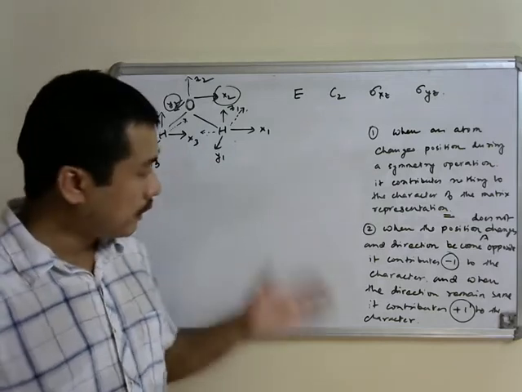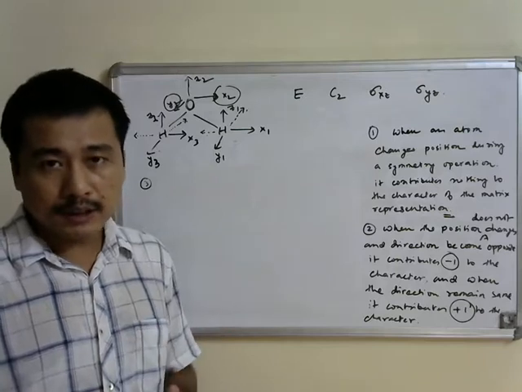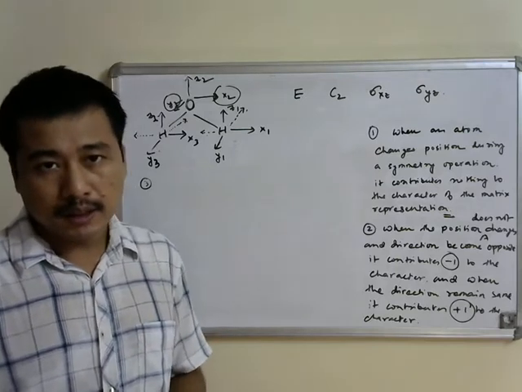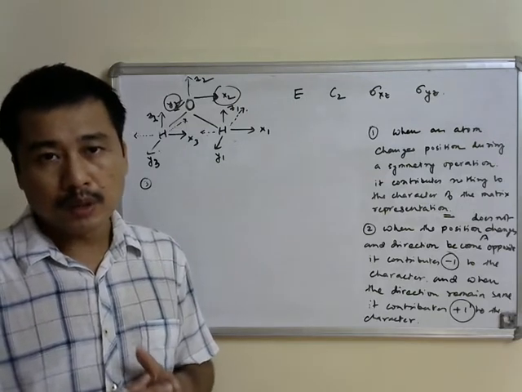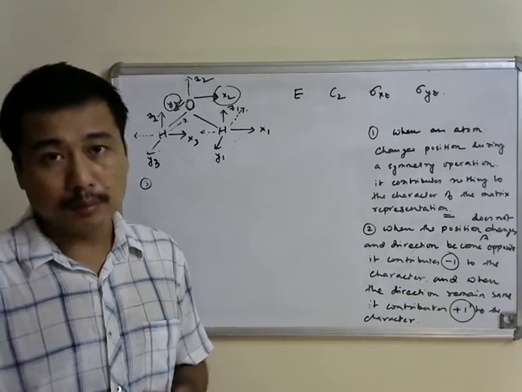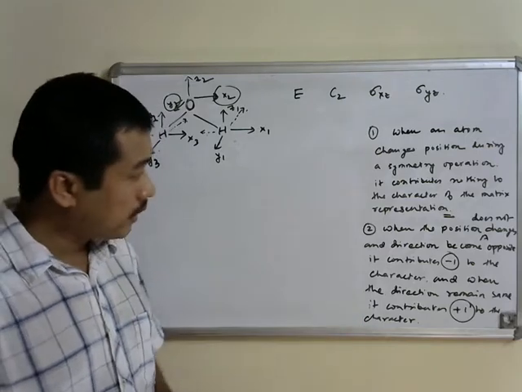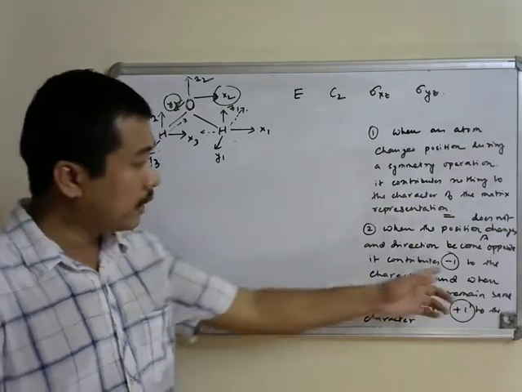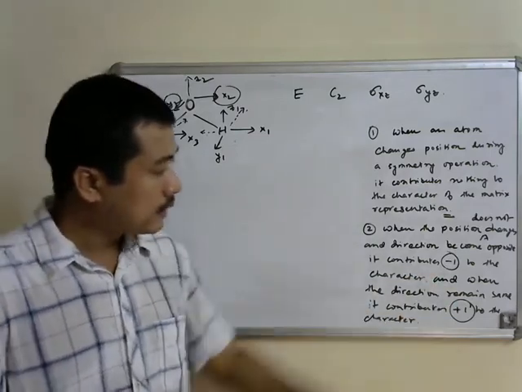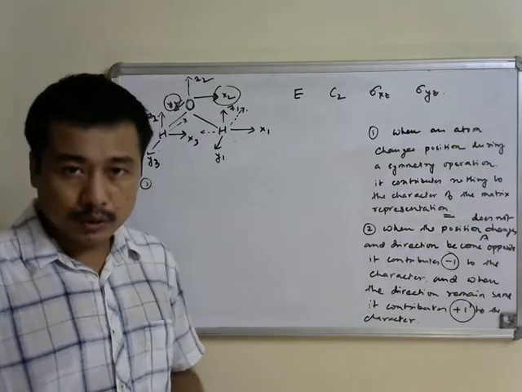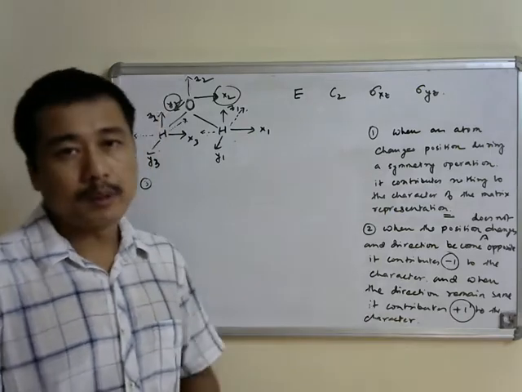The generic form for this is that when the displacement factor changes its direction by an angle theta, it is going to contribute cos theta to the character of the matrix, because here theta is equal to 180 degrees, because the direction has completely reversed, and that is why cos 180 is going to be equal to minus 1, while in this case the direction has not changed, therefore theta is equal to 0, and cos 0 will be equal to plus 1, and it contributed plus 1 to the character.